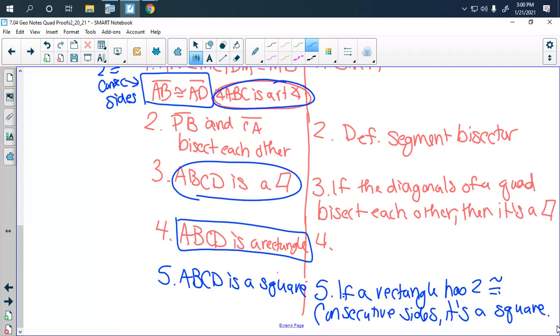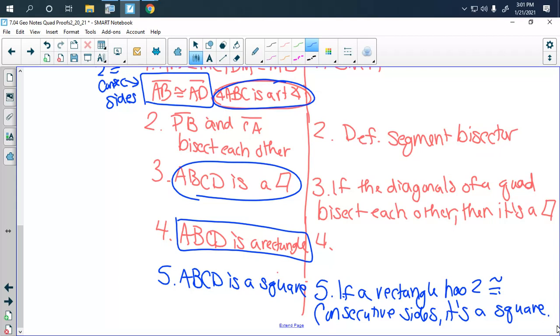Another option, which would be an extra step, is step 5, you could have then said ABCD is a rhombus because if a parallelogram has two congruent consecutive sides, then it's a rhombus. And then step 6 would be that ABCD is a square, because if a quad is a rectangle and a rhombus, then it's a square. So any of those three ways would have worked to get this to be a square.